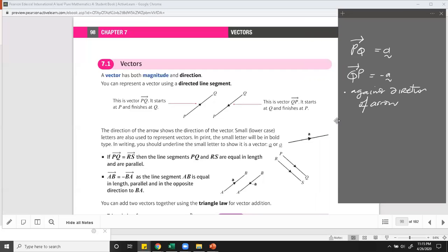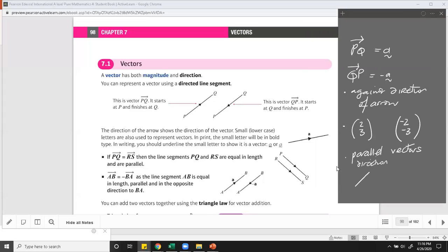And that's the same even if they're column vectors. If you had something like (2, 3), then the negative would be (minus 2, minus 3). Also, parallel vectors are something quite important that you've got to be on the lookout for. Parallel vectors have the same direction.